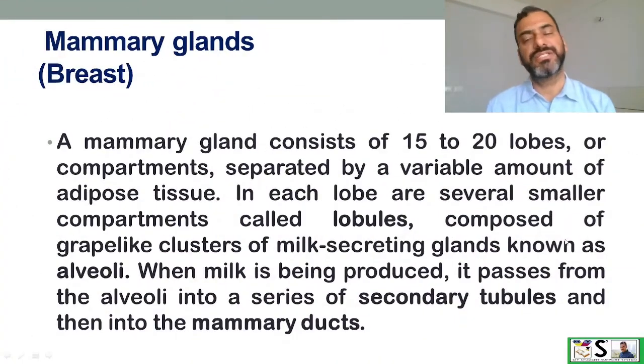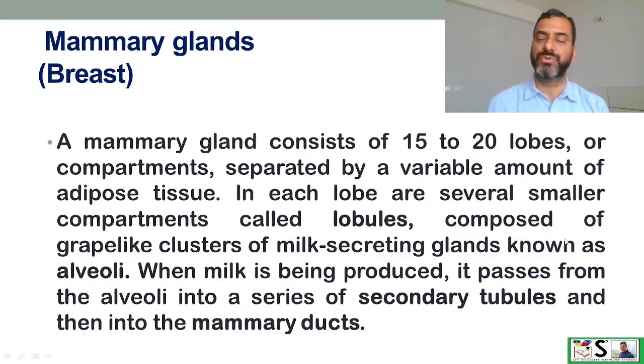A mammary gland consists of 15 to 20 lobes or compartments separated by variable amount of adipose tissue. In each lobe, there are several smaller compartments called lobules composed of grape-like clusters of milk-secreting glands known as alveoli.